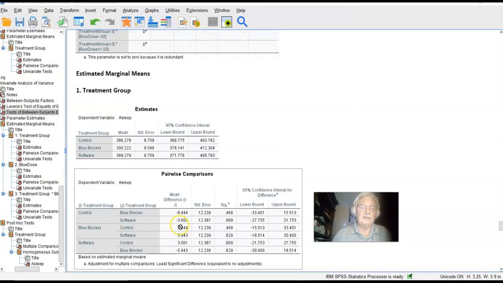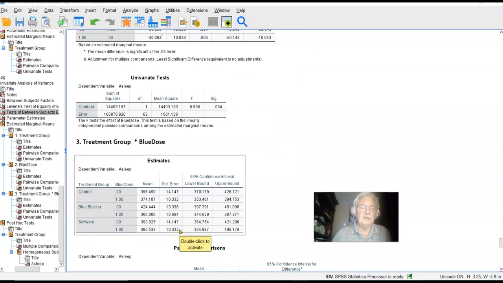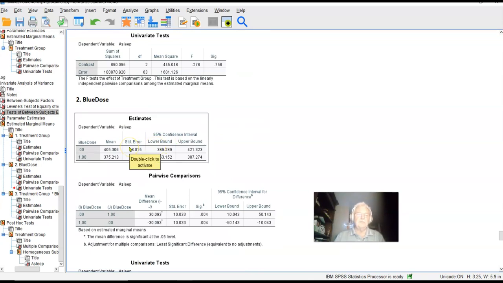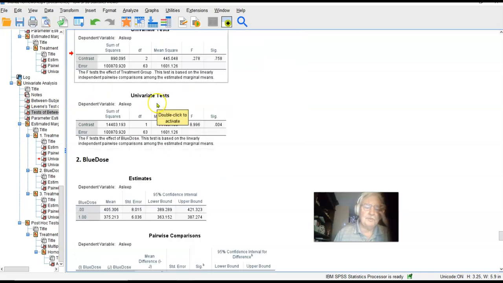We're going to come down here to the estimates. Now this is the interaction term. We have our difference here between high and low doses. We have our differences here between our different treatment groups.